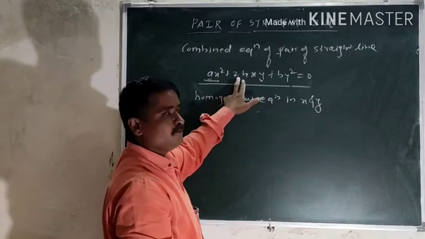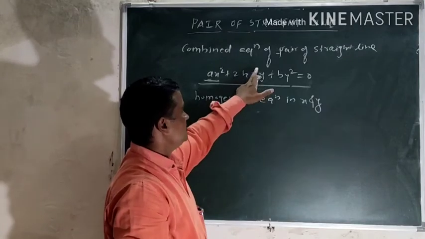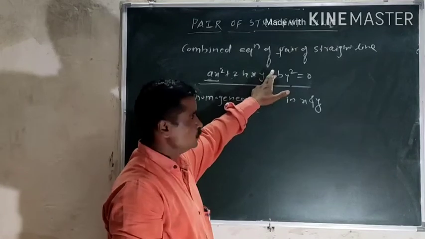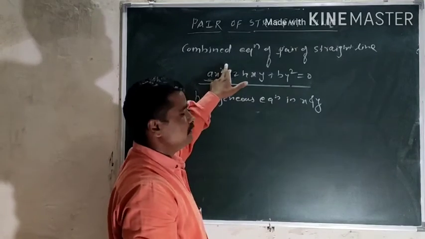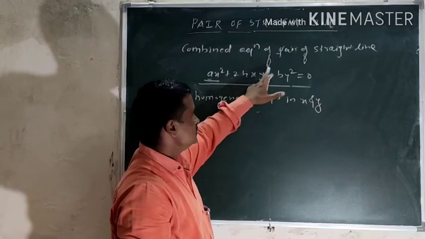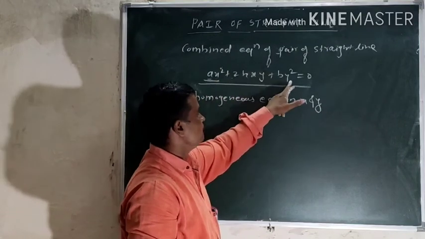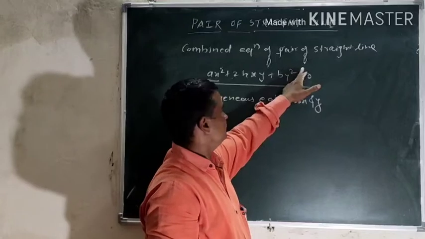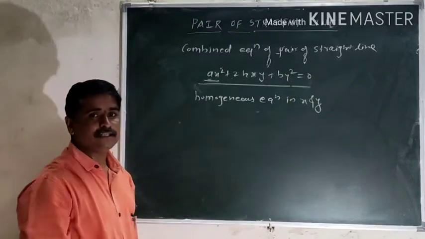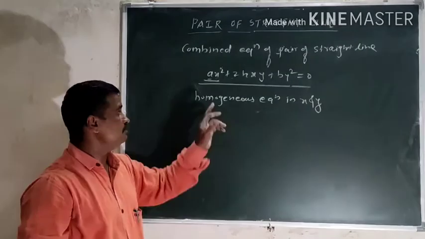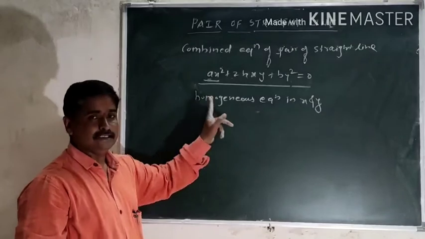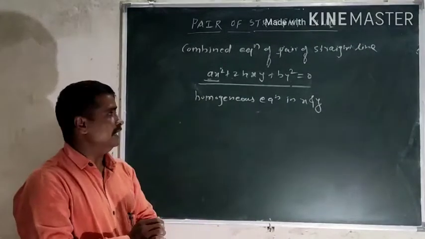Again 2h is a constant, x has index 1 and y has index 1, that is 1 plus 1, which is 2. So x square has power 2, xy has power 1 plus 1, that is 2, and y square again has power 2. That means the sum of indices of the variables is equal, so we say it is a homogeneous equation in x and y.